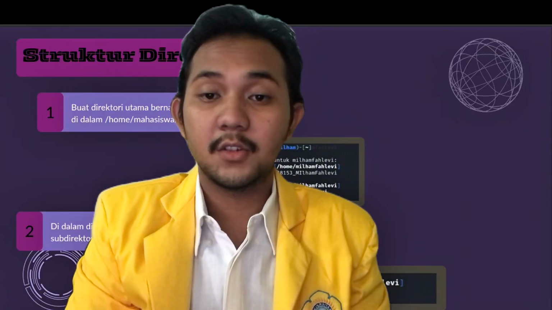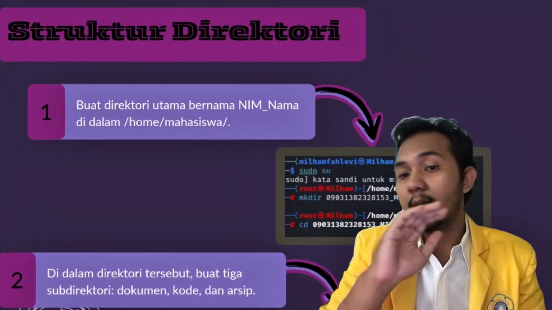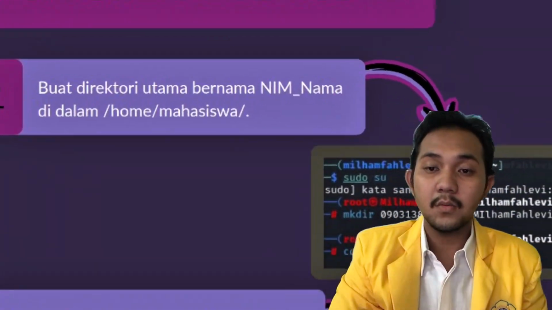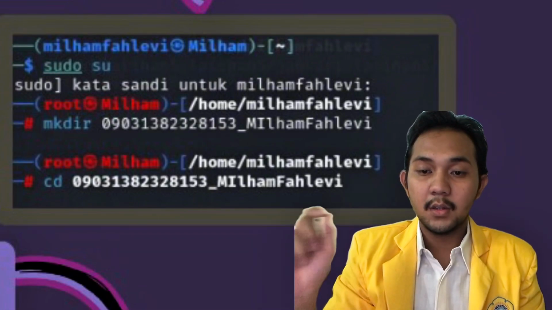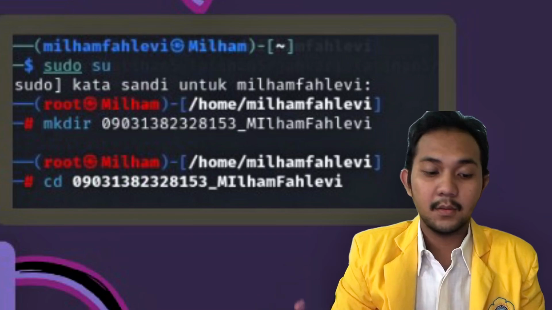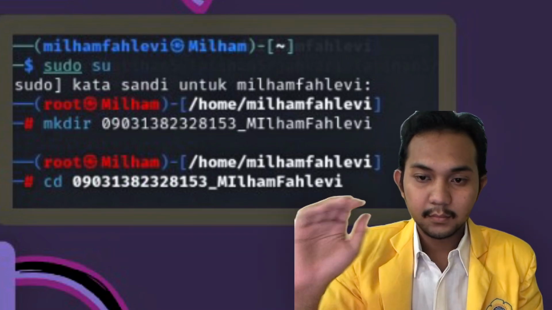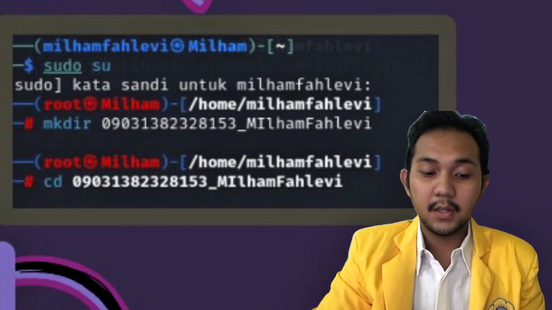Here are the questions. Question number 1, directory structure. Number 1, make a main directory named name_nama. For this question, first we have to enter root. The command is sudo su, and enter our password to pass this process. And then we did it, we entered root.